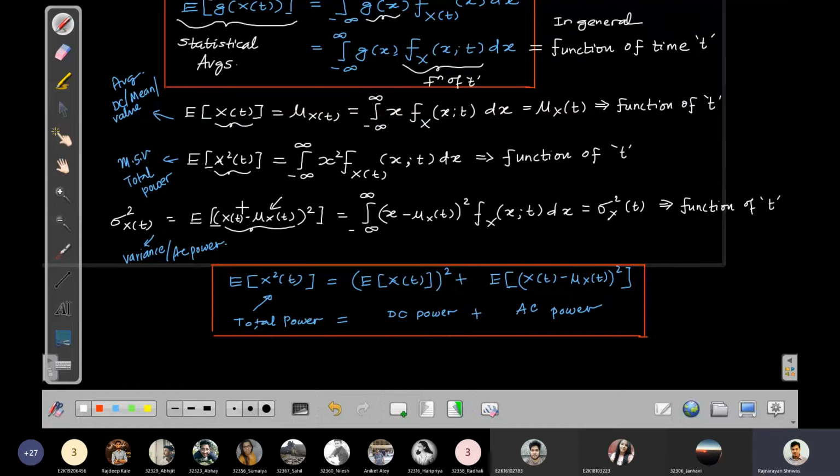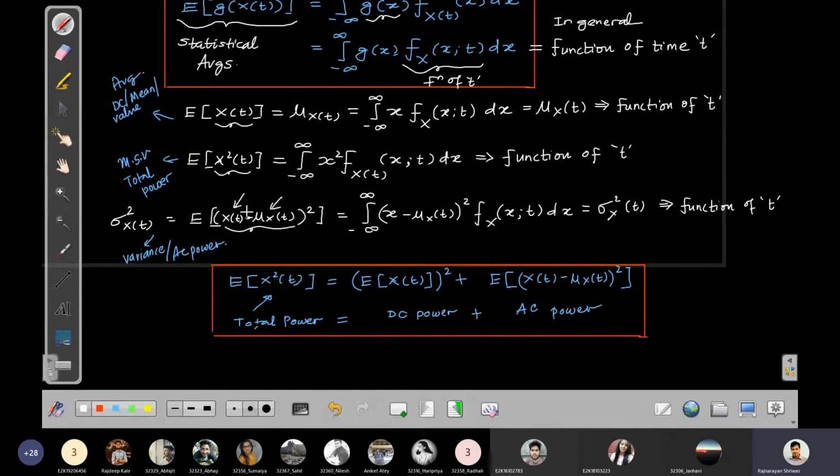You subtract the mean from the random variable, so you get only the AC component, and you square it. So you're getting the power in the AC component. This is the total power, and this is the DC value. When you square it, you get DC power. All these three parameters are examples of statistical averages.